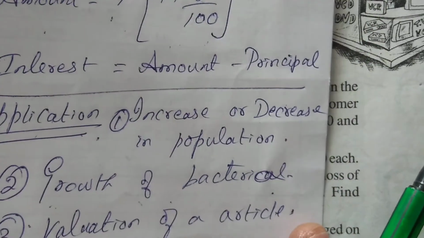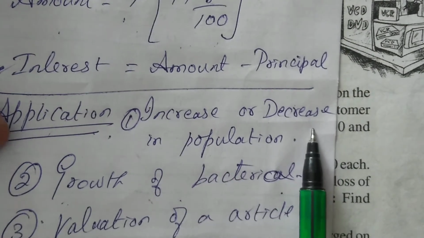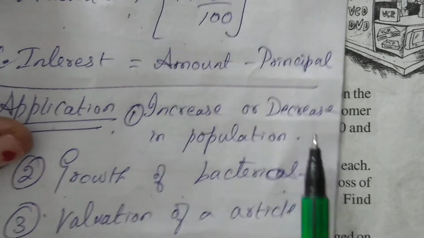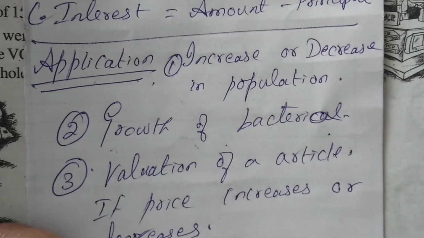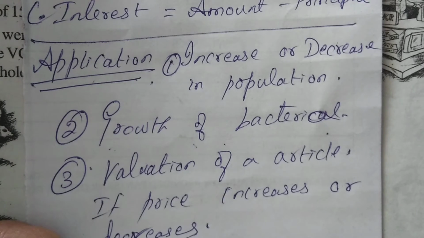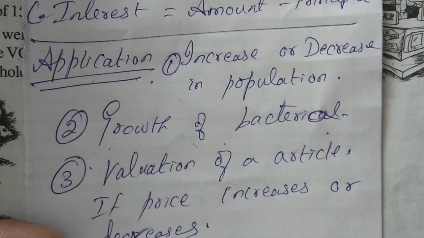So applications of compound interest, when all we will use this compound interest formula: increase or decrease in population, our census way. Then growth of bacteria in the lab. See, for curds, when you keep the curd in a pot of milk, the next day the whole milk turns into curd because of the bacteria developed. So how many bacteria, how fast it is developing, that we can find.